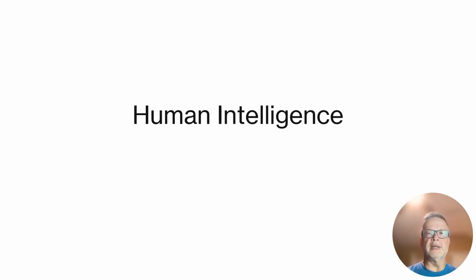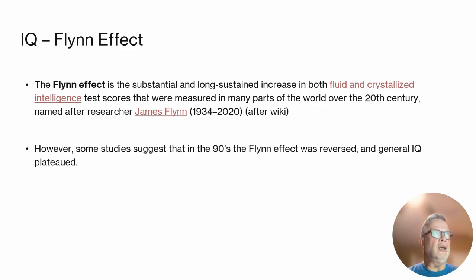So, human intelligence. If you track psychology and intelligence science related to human intelligence, you are probably familiar with something which is called the Flynn effect. So basically, it was a discovery that human IQ, human intelligence grows in time.